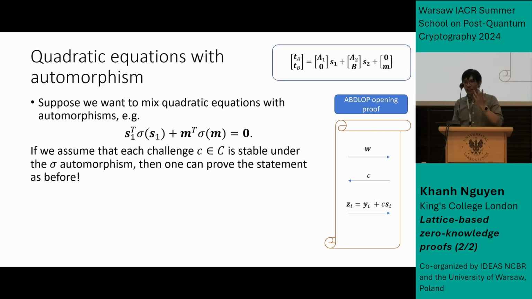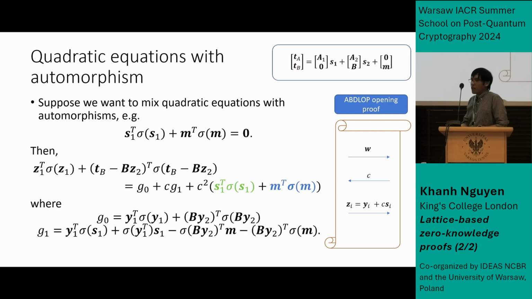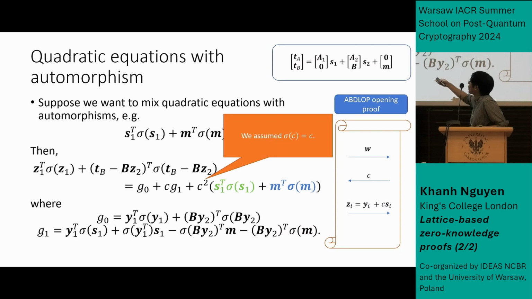Now another question is how to prove quadratic equations with the sigma, right? The idea is that if we assume that the challenge C is stable under the sigma automorphism, then it doesn't really change the strategy. So suppose I want to prove this: S1 transpose sigma of S1 plus M transpose sigma of M is equal to 0.